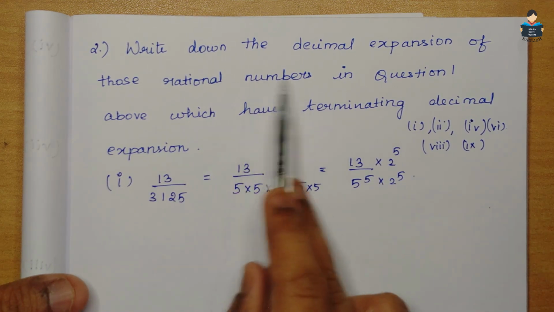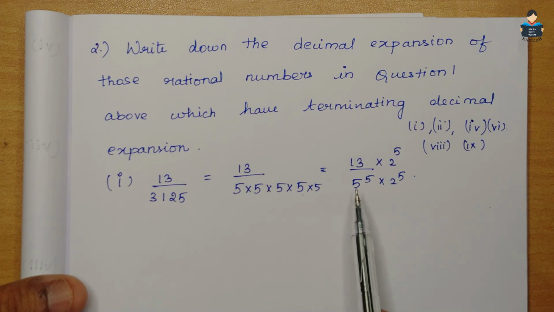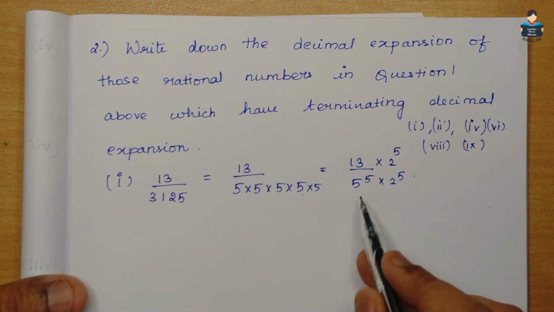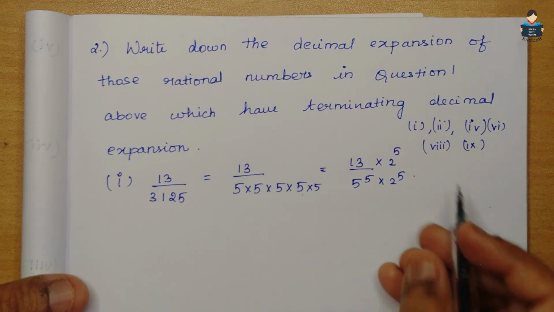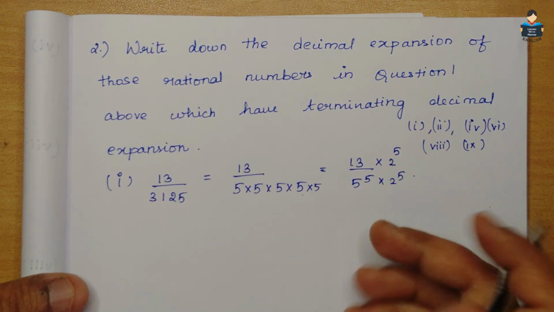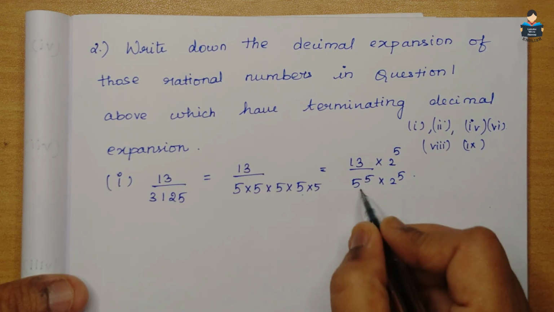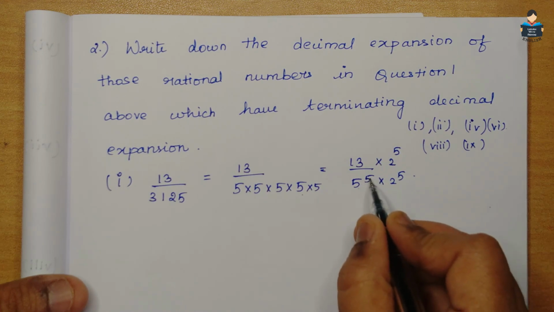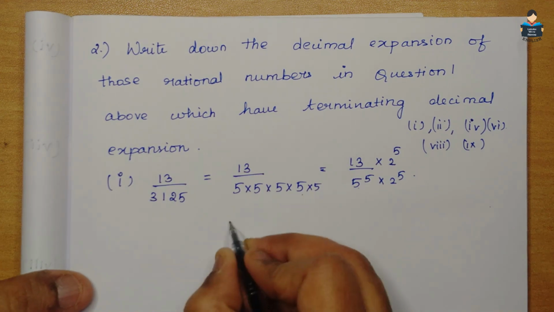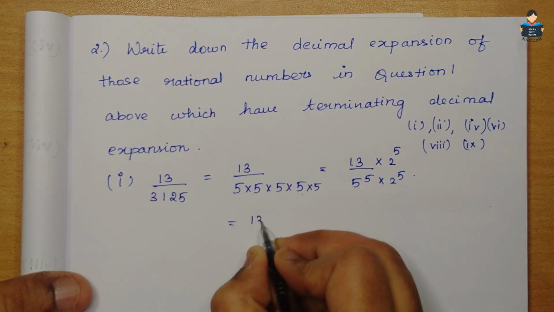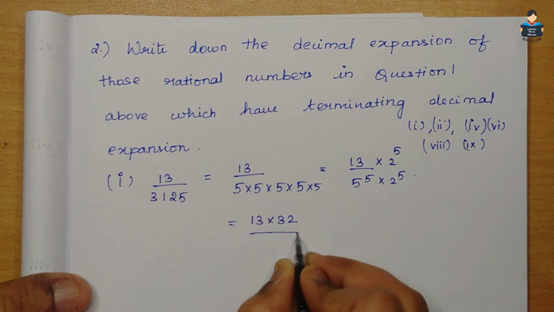We know rational numbers with terminating decimal values will be of the form 5 to the power m into 2 to the power n. So I am multiplying with the same power which 5 has. 5 has the power 5, so I am multiplying 2 with the same power 5. So I will be having 13 into 32. 2 to the power 5 is 32.